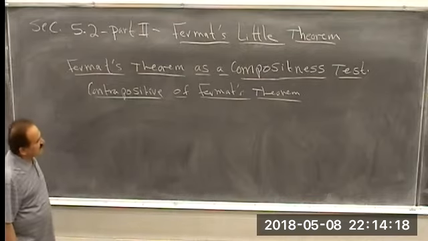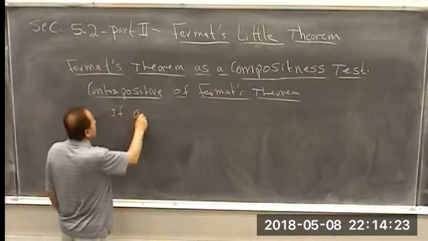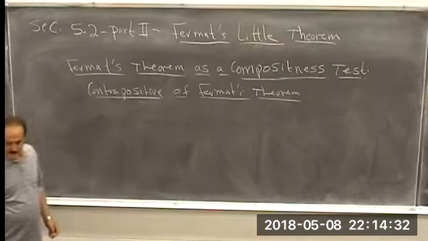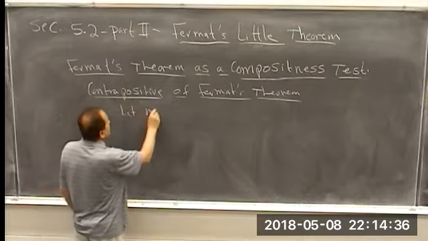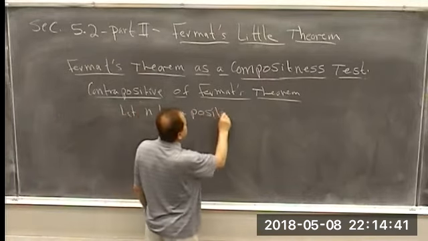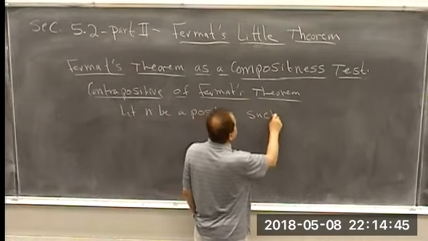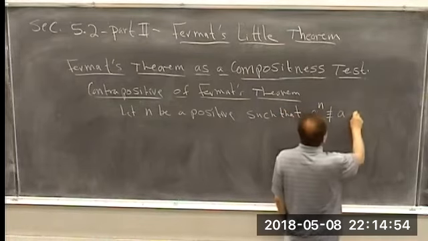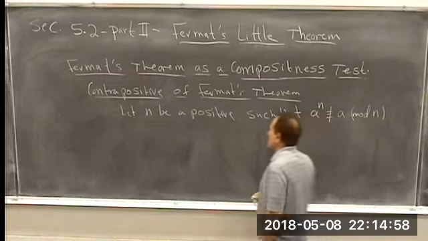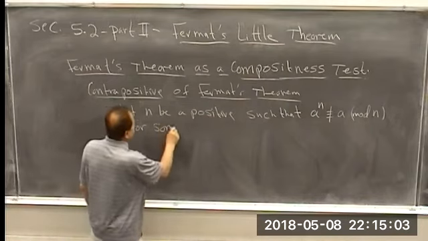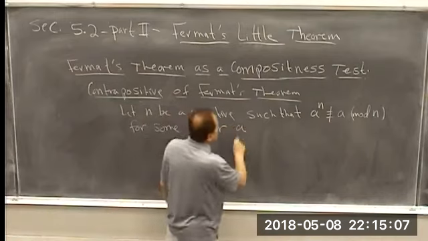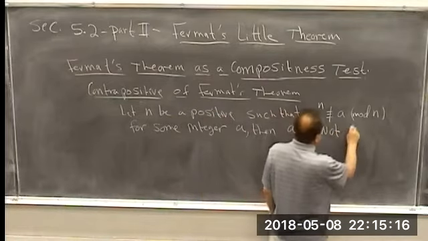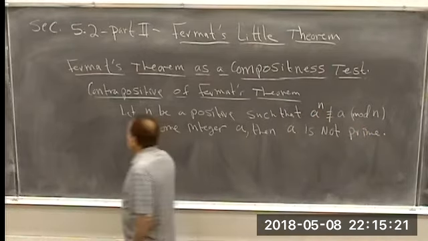So the contrapositive is going to say that if n is a positive integer such that a to the n is not congruent to a mod n for some integer a, then n is not a prime. Remember, this is the contrapositive.